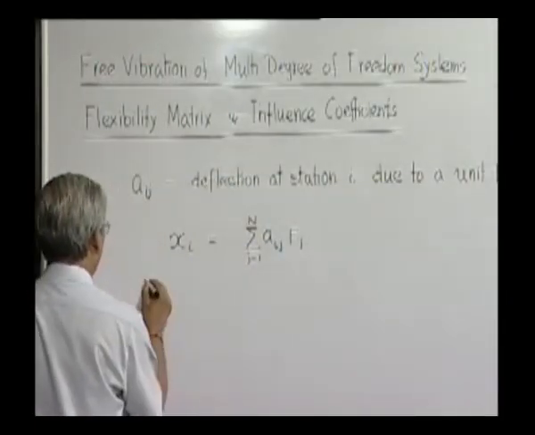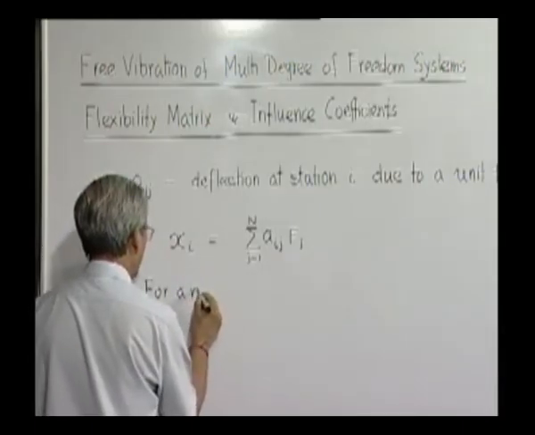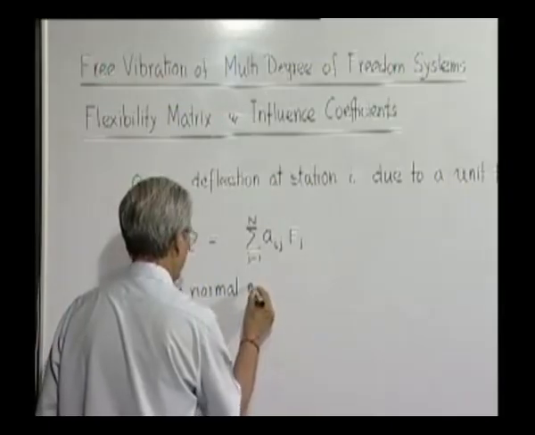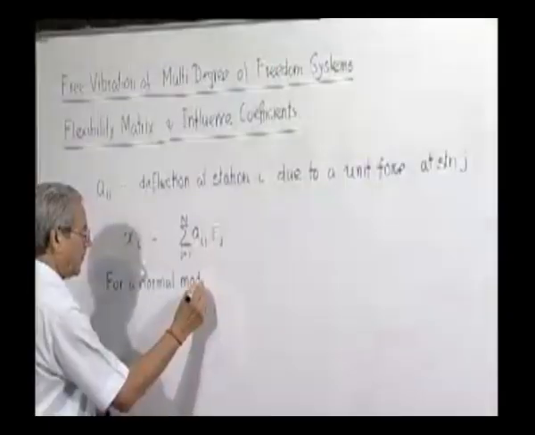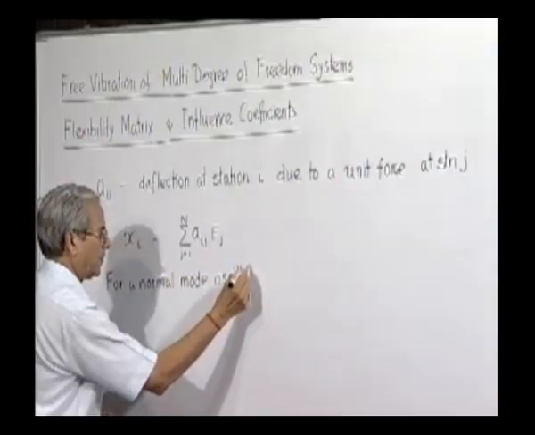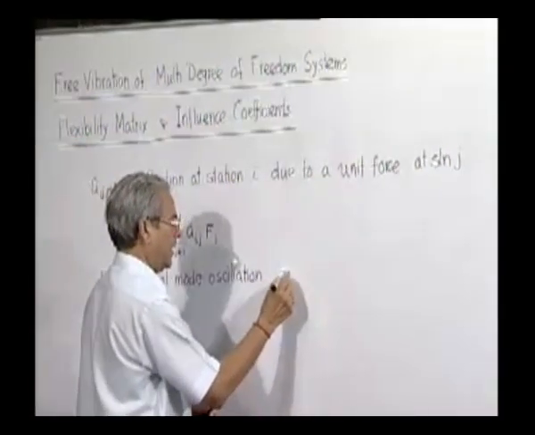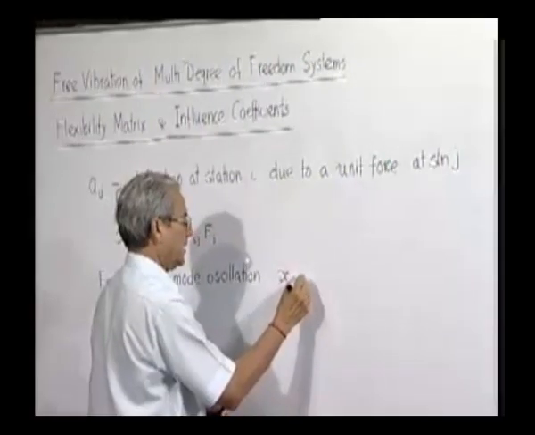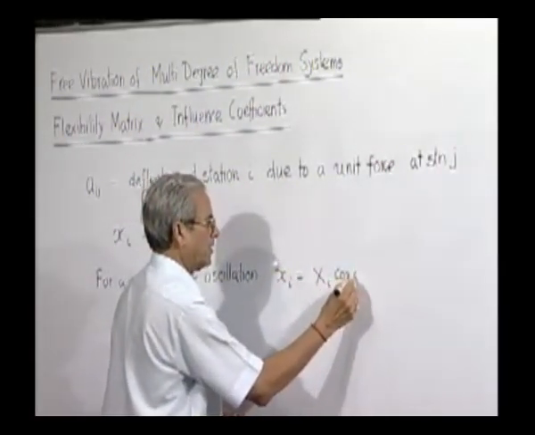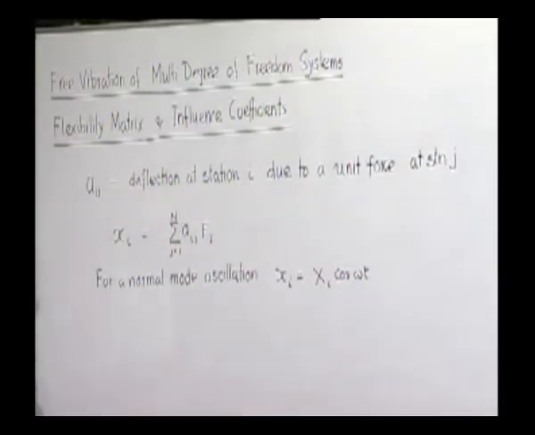So, for a normal mode oscillation, xi equal to capital Xi cosine omega t.